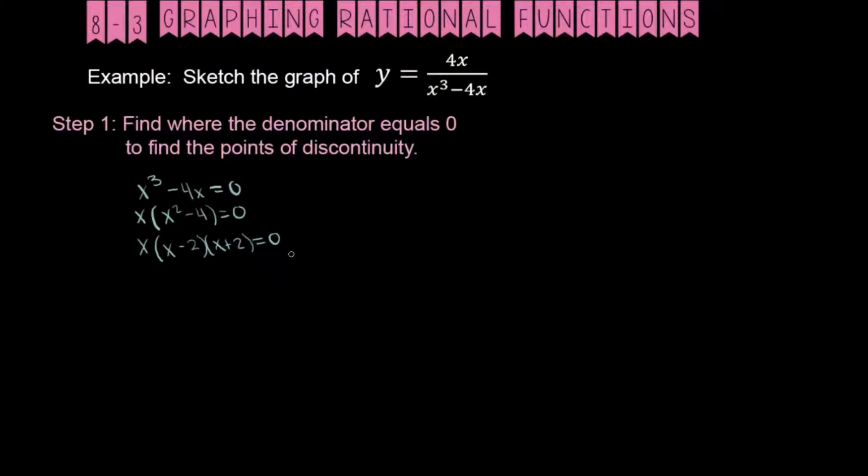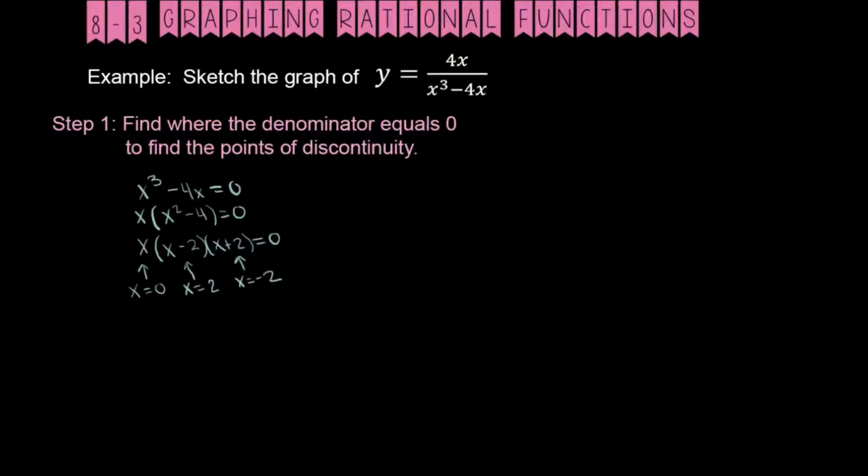So we actually have 3 places where we have discontinuity: at x equals 0, at x equals 2, and x equals negative 2.